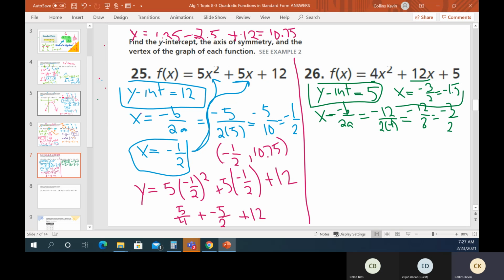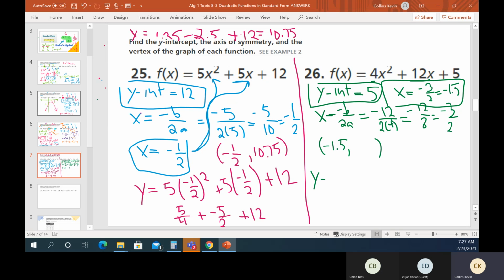Okay, all good there. All right, so then to figure out the vertex, we already know the first guy is minus 1.5, so we just have to figure out the second guy, right? And this is where we have to deal with, well, we won't deal with fractions this time. We'll work with the decimals, okay?